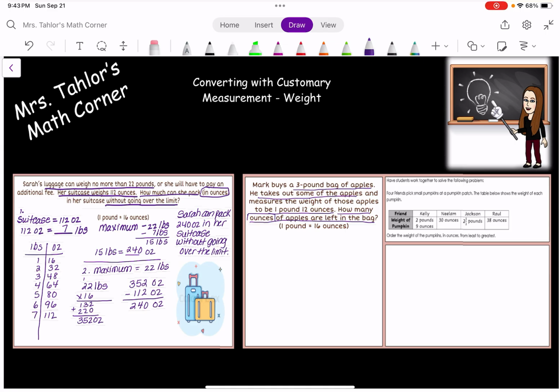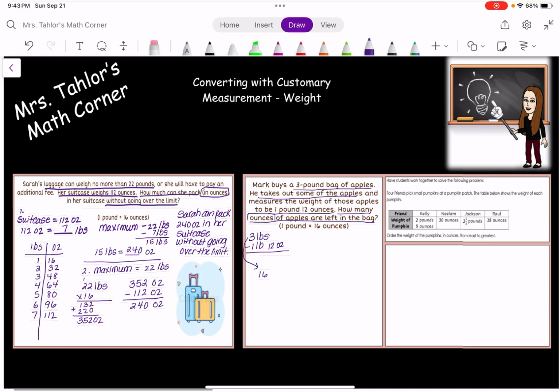So, I know that I started with 3 pounds of apples. I know that Mark then removed 1 pound and 12 ounces of apples. So I'll need to subtract. But I also know that I don't have the same units of measure yet. So I need to convert the 3 pounds into ounces.